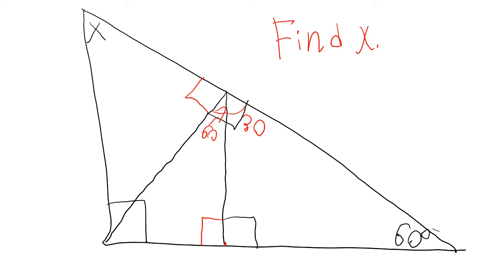We've already figured out this right triangle. Let's move on to this right triangle. We have three right triangles making up a big right triangle. Now we have a 60 degree angle right here, and we also have a 90 degree angle right here. 60 plus 90 is 150, and 180 minus 150 is 30.